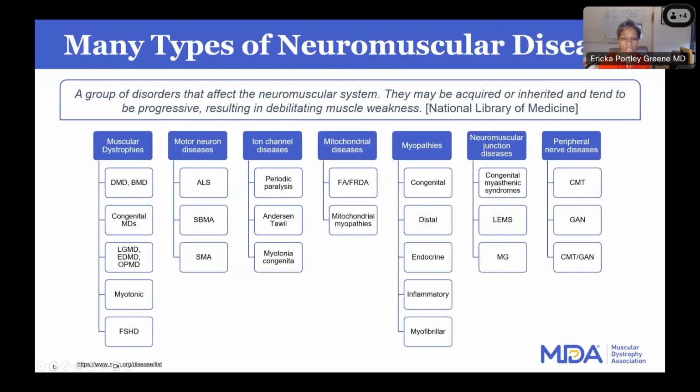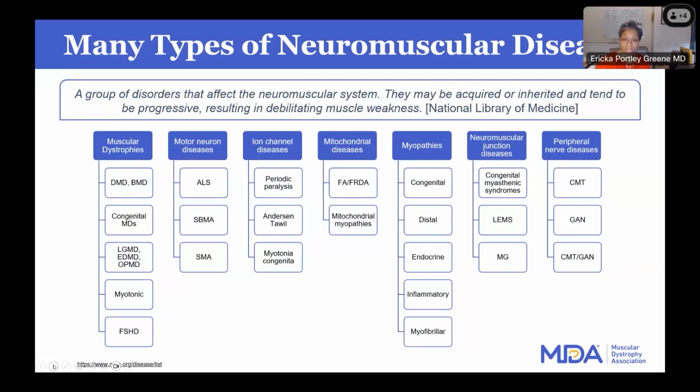There are many types of neuromuscular diseases, and we categorize them from diseases that affect muscle, nerves, motor neurons, and nerve-muscle junction interaction. So we can categorize it based on that anatomy, and under those anatomic locations, we categorize it by disease type.